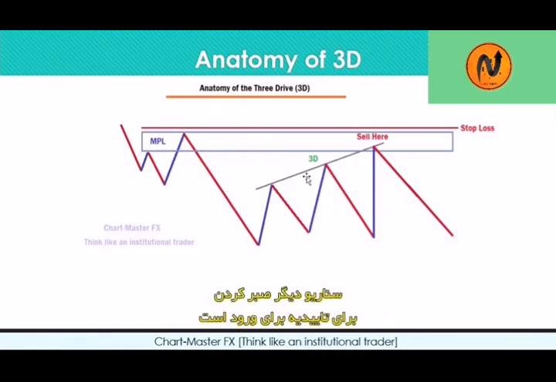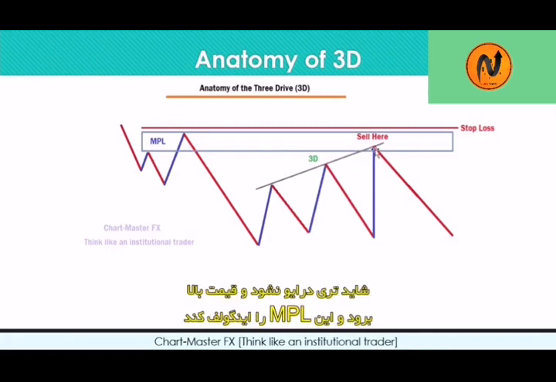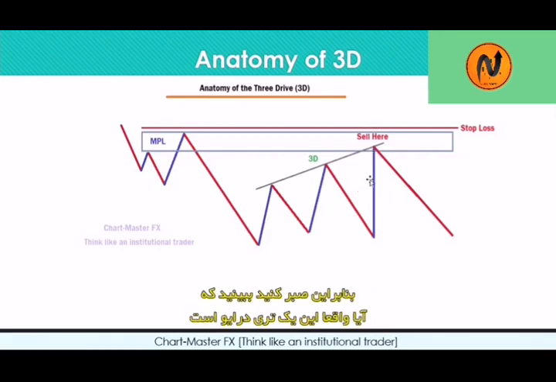So the other scenario, guys, that you must wait for, if you need a confirmation for an entry, because once you have a first leg here, a second leg here, and now you want to take a trade here, you are not sure that the price is going to react on this 3 drive, or maybe it's not a 3 drive, maybe the price may come and engulf this MPL, you never know. So sometimes you wait to see that this is really a 3 drive. Usually what happens, as far as I have gained experience in trading the 3 drives, is that when the price reaches the 3 drive, it actually drops a little bit.